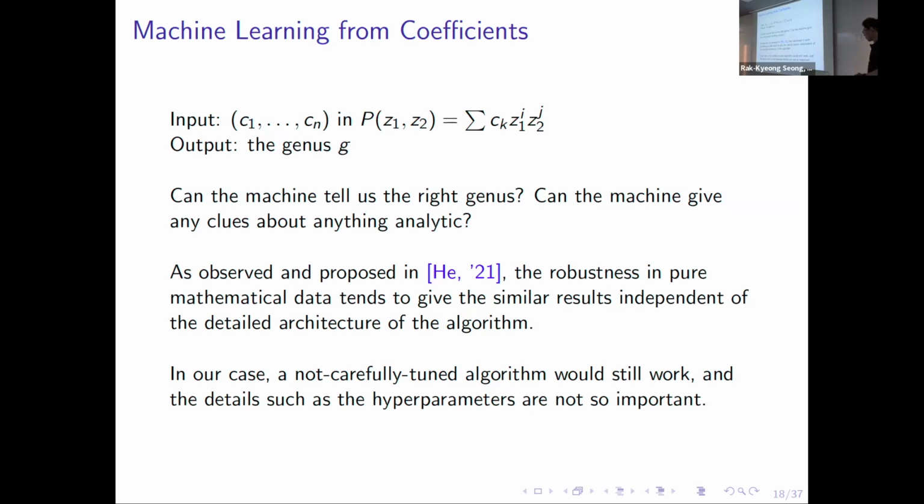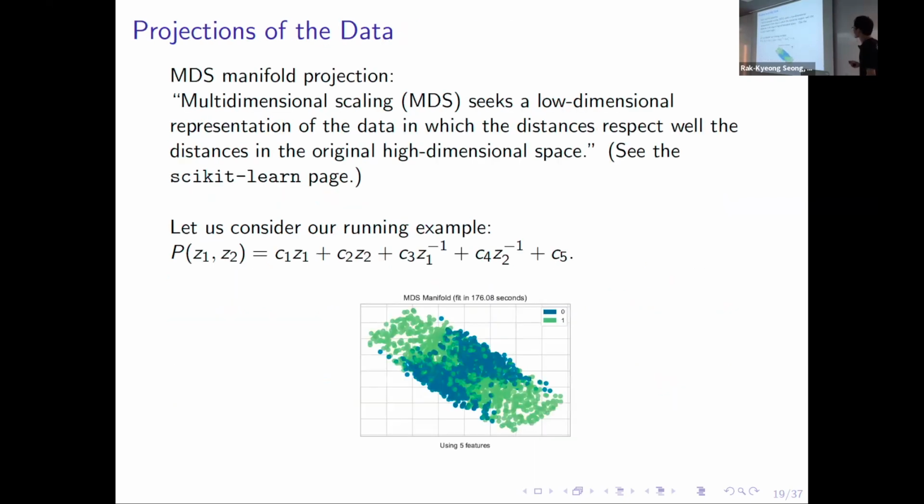So I'm not going to show the detailed architecture of the algorithm, like how we actually don't need to fine tune the hyperparameters. We just write down some algorithm, and without any fine tuning, we can get a pretty good result. So in this sense, it's also a relatively simple task.